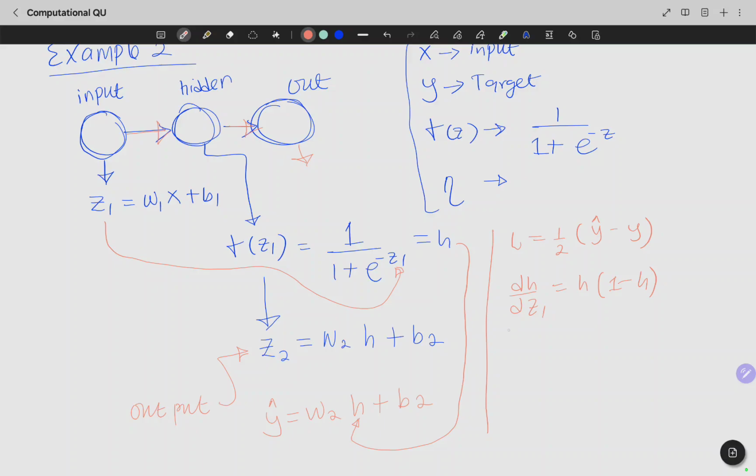And then we know that d sigma by dZ1, we did it last time, is sigma of z into 1 minus sigma of z. And then now we can compute the gradients.